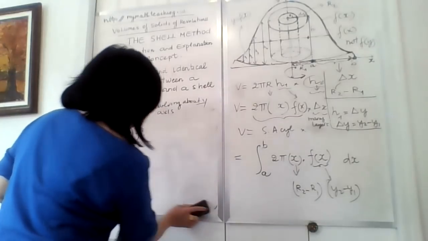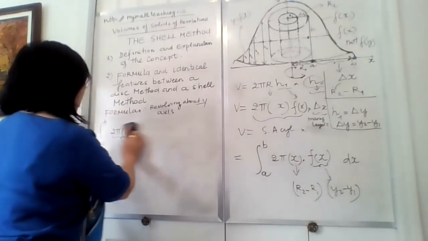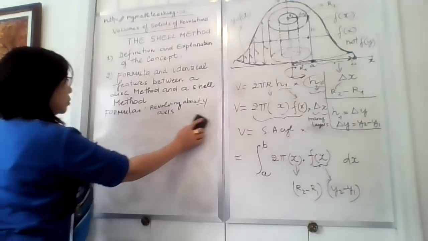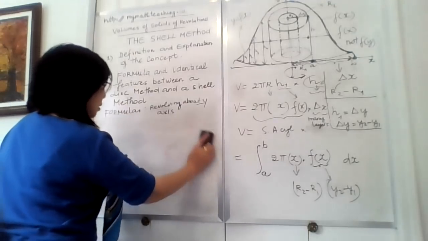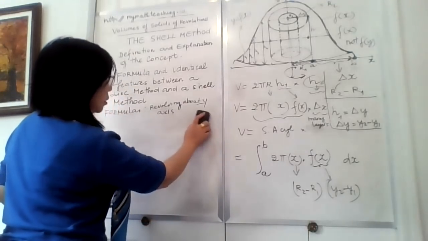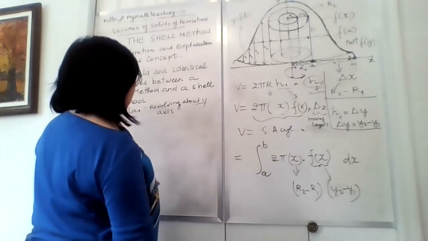Okay, so now I'm going to talk about the third thing today. I'm going to mention just quickly what is the difference between the formula of this method and the shell method.